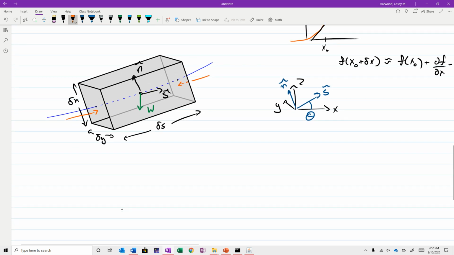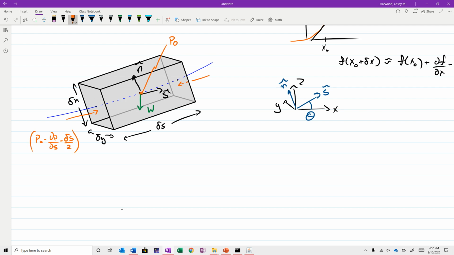If we assume that at the center of this particle we can call the pressure P naught, then we can estimate the pressures on each of these two faces using a first order Taylor series approximation. It's going to look like P naught minus dP ds times delta S over 2.